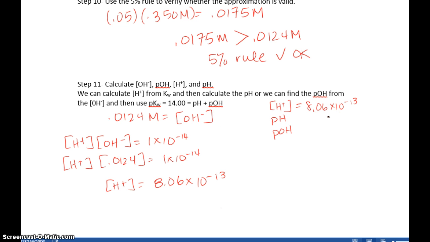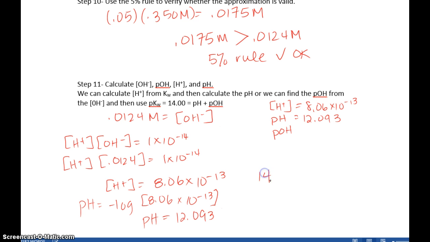I'm also going to get a pH is equal to the negative log of 8.06 times 10 to the minus 13. And so my pH is equal to 12.093.